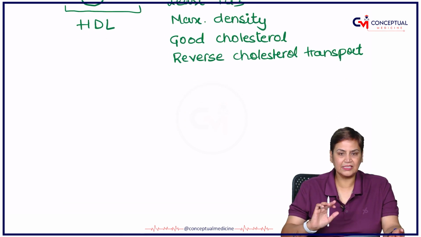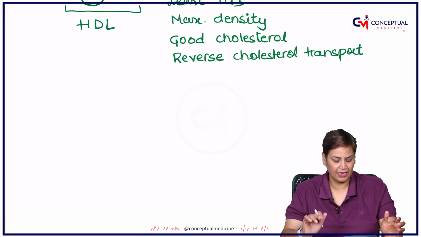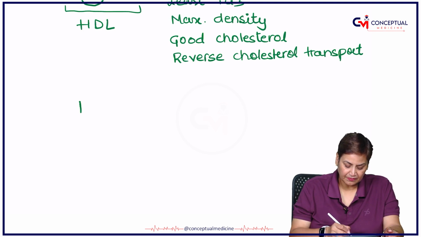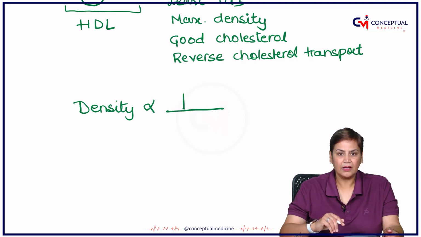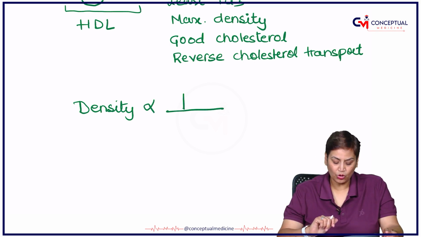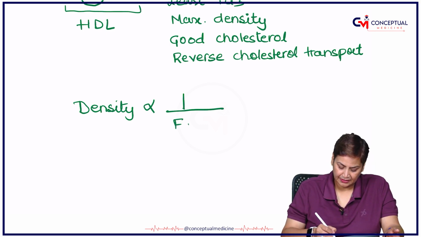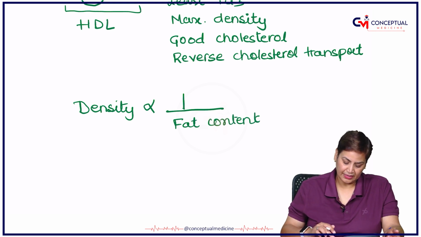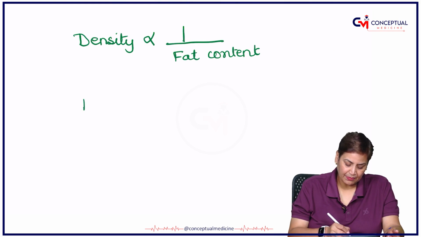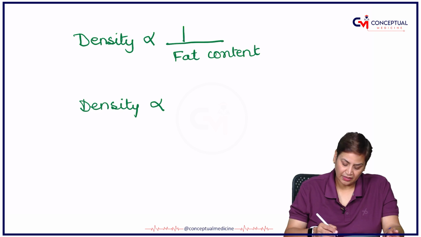So I can simply conclude everything: density is inversely proportional to the amount of lipid or fat content, and density is directly proportional to the protein content.